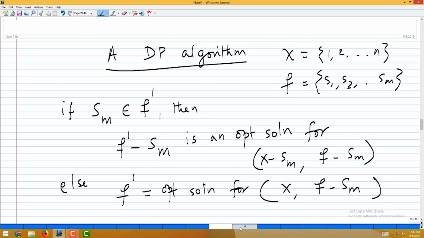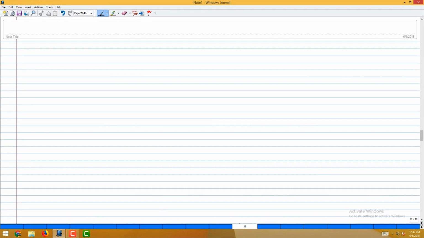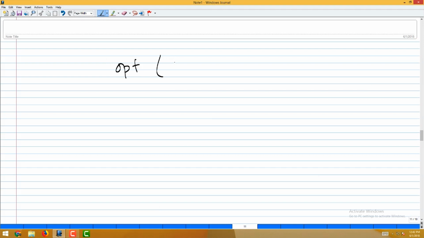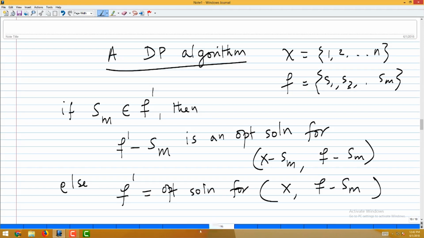So, what are the subproblems? The subproblems are either 1 to m, or 1 to some i, or 1 to m minus 1, and I want to cover some subset, because I do not know what Sm contains. Well, I know, but Sm may or may not be there, and as you progress you might have picked a bunch of sets. So, what the remaining set to be covered is, you do not know, because it depends on the choice of what you have picked so far. So, I will try all possible subsets.